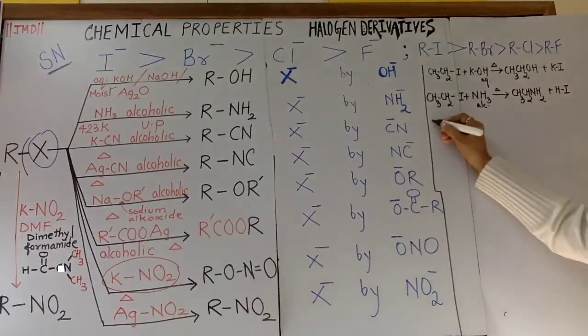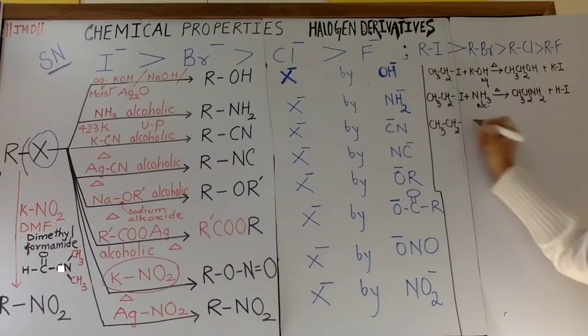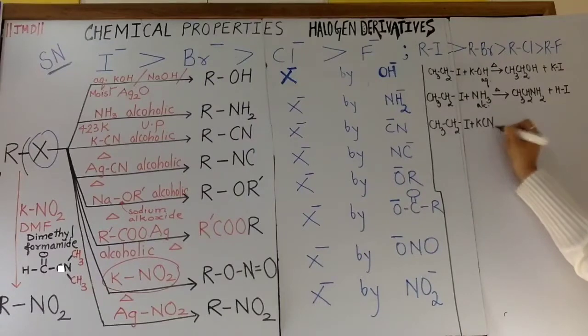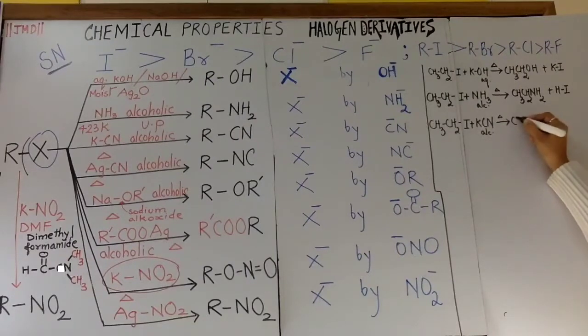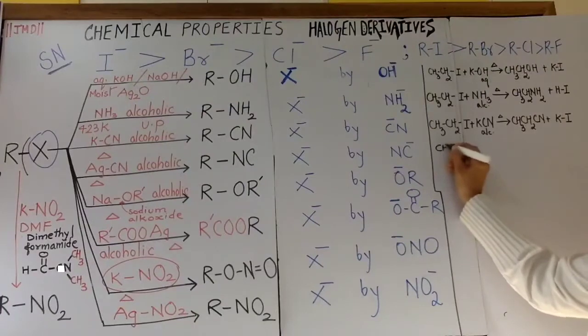See how I am making. Ethyl iodide plus KCN, alcoholic, heat, I will get ethyl cyanide plus KI. Correct?